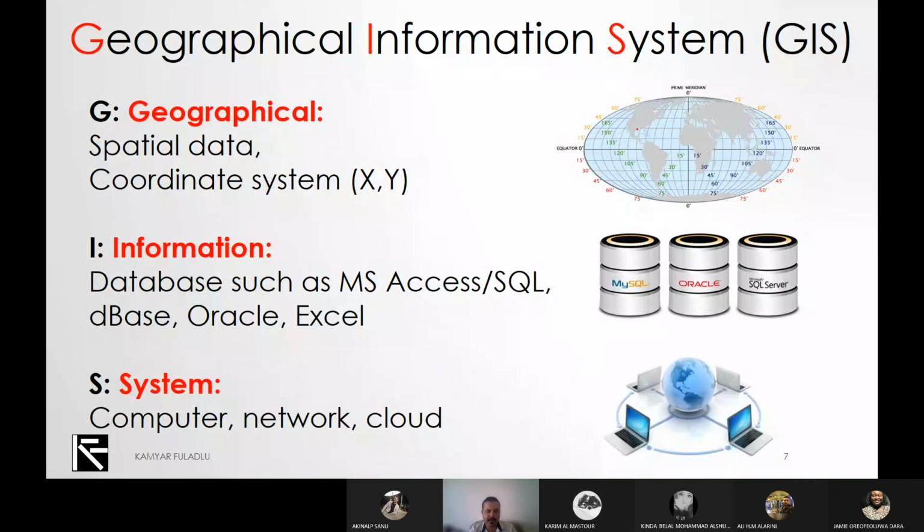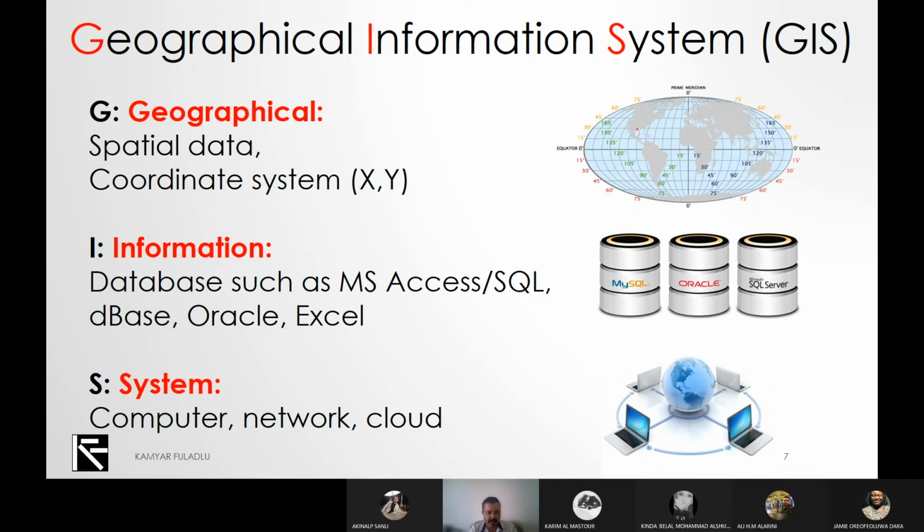Here, we are not taking this note or this data or information on paper. We just keep them in different sets of data, in programs such as Access, dBase, Oracle, Excel, the easiest one, and Notepad is also a kind of database.